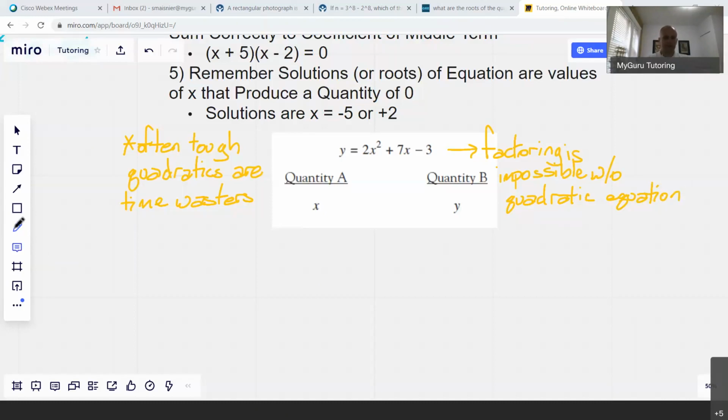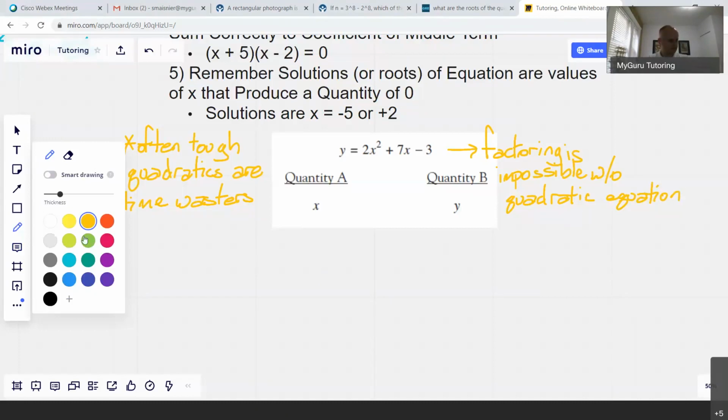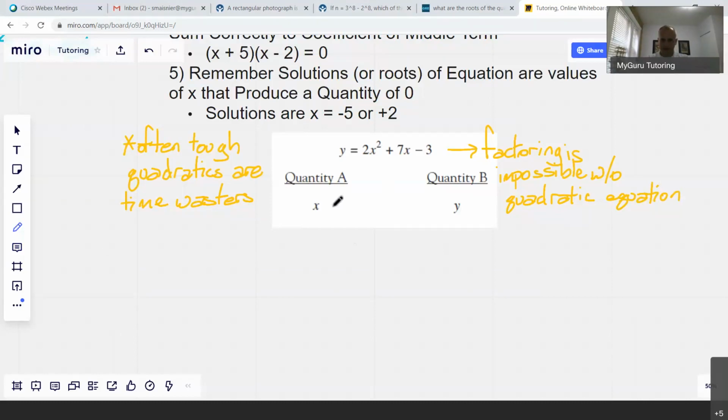So if I plug in for x here, x equals, say, what? What would be a good value for x? Make the math easy.